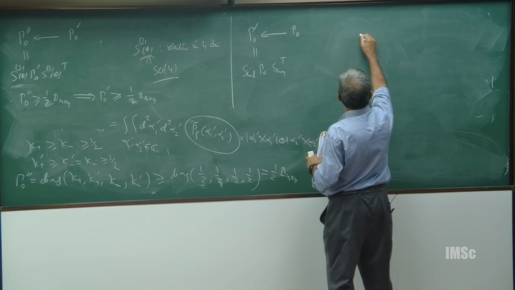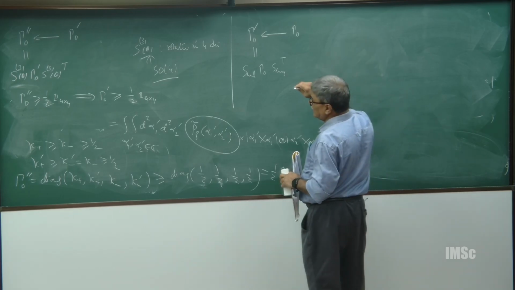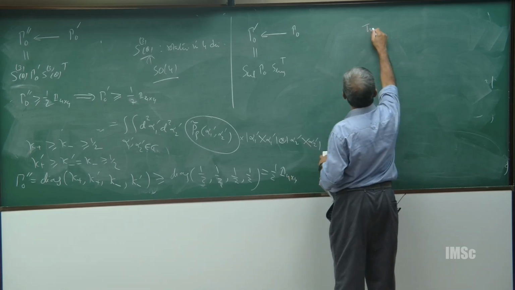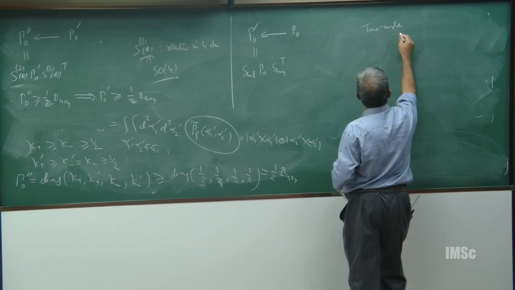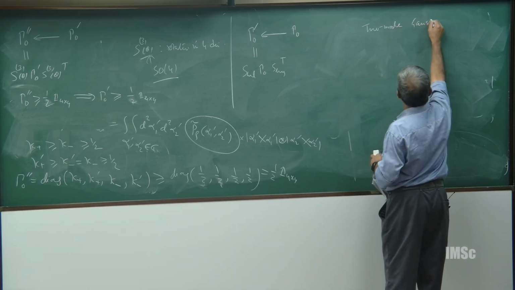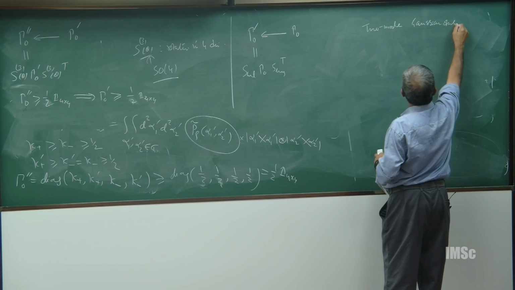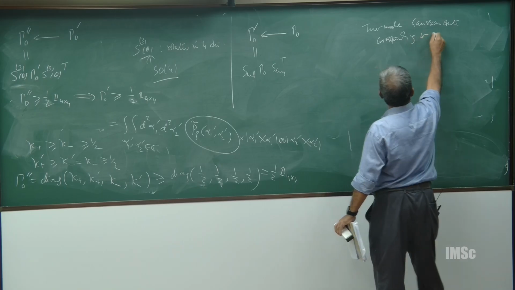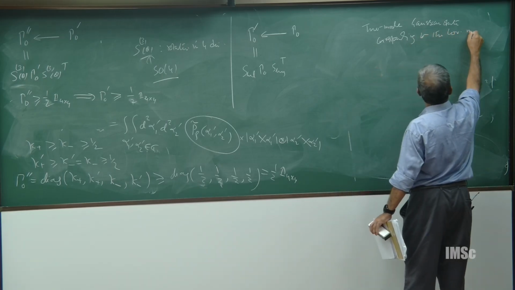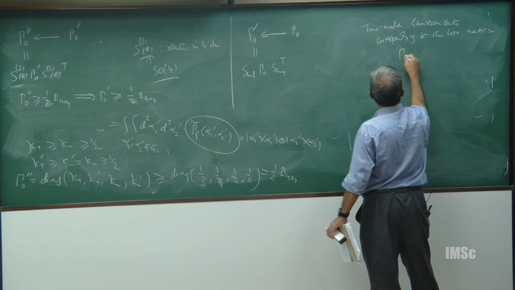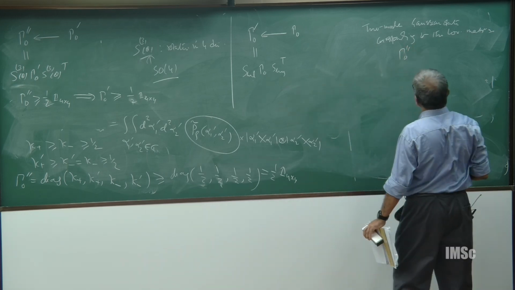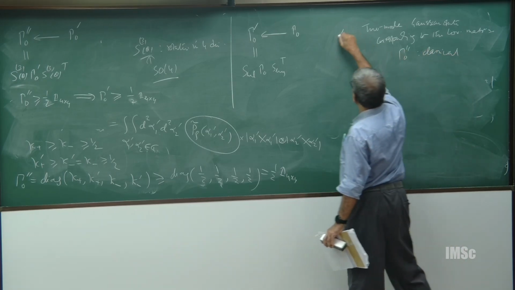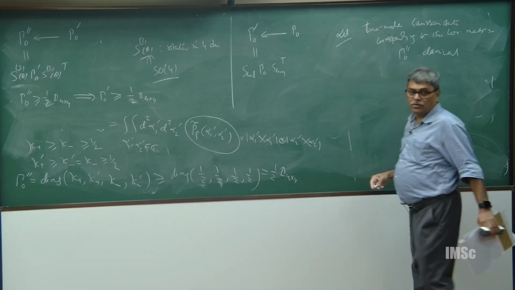Now, let us say that the two mode Gaussian state corresponding to the covariance matrix gamma 0 double prime, which you have obtained, is classical. Okay.